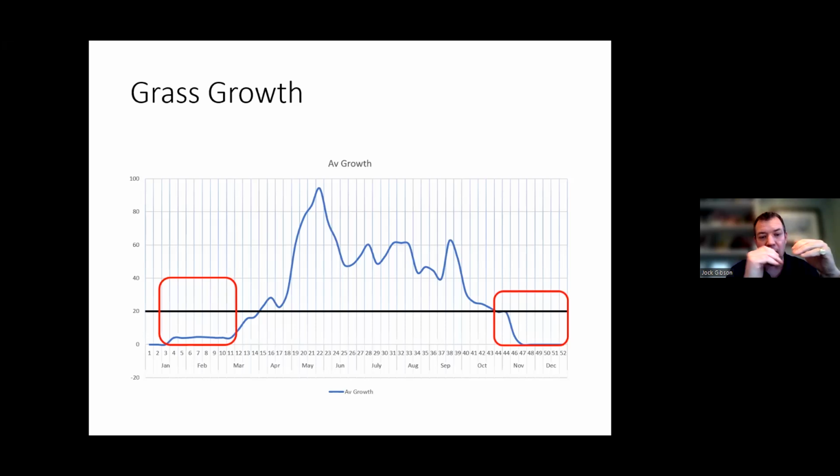But what you can see is that we do have a relatively short grass growth period. So we're only growing grass for 6, maybe 7 months of the year. So we have that 5 or 6 months where we have to fill that gap. And the trick now is to fill that gap as effectively as possible.